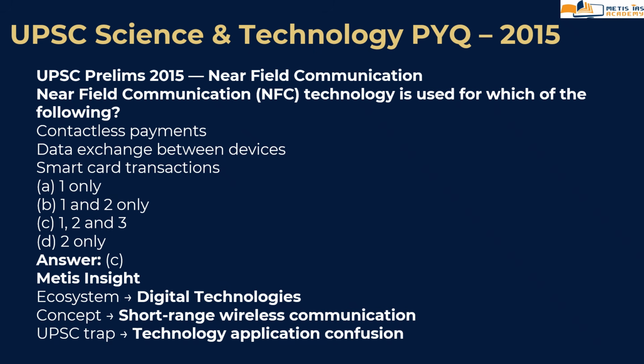So you have to understand the ecosystem of the question, and then identify the concept of the question. After that, you have to think about what trap UPSC has set for you. That's the most important thing. Then only can you apply your skills, eliminate the options, and go with the correct answer.